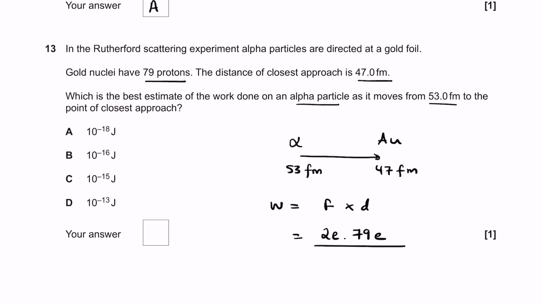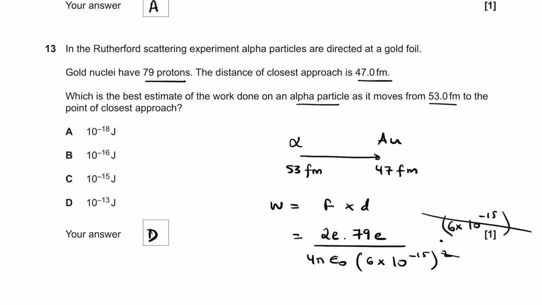So that over 4 pi epsilon naught, and the distance, which will be 6 times 10 to the minus 15 squared, times the distance moved, which is also 6 times 10 to the minus 15 meters. So it basically cancels out one of the denominators and ends up giving you a rough answer of D.